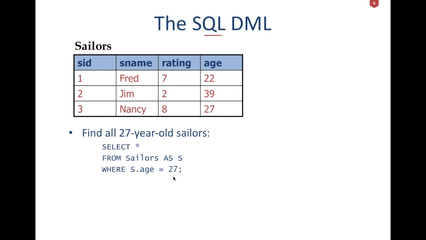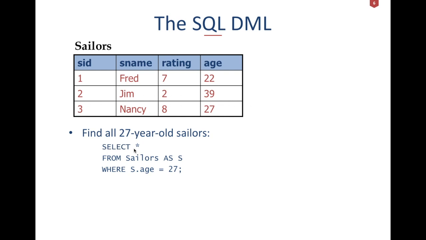This query should give me this whole table of sailors, because I said here select star, which means all the columns that satisfy S.age equals 27. So I will have the output of this query.